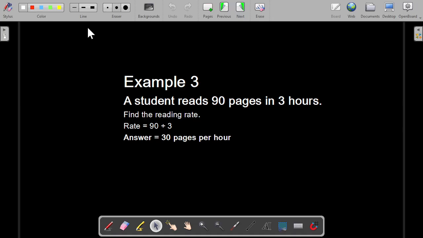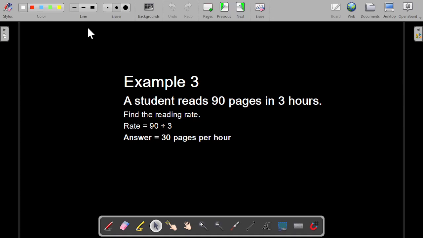A student read 90 pages in 3 hours. The question here is to find the reading rate, or the rate of reading. Now, this is what I want to do so that you will understand it clearly. Somebody told you, I just read 90 pages of books in 3 hours.